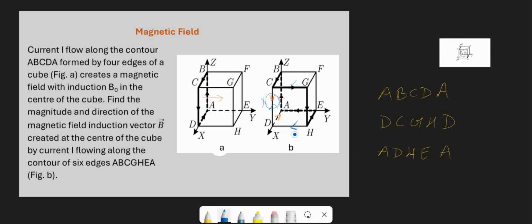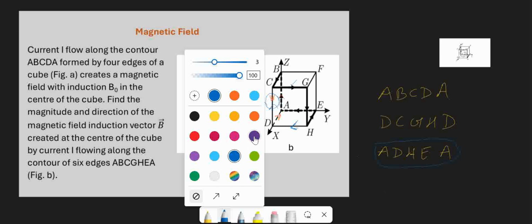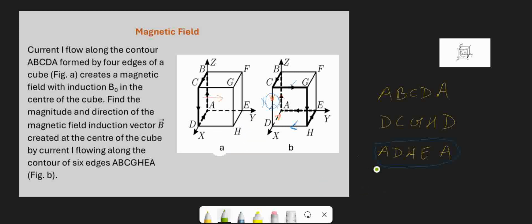This is alone, but it will be cancelled soon if we consider the current in another contour, and this contour contains the current in A to D, and you can see this cancelled out this current, and then D to H, and it also cancelled out this current, and it considers now HE and EA.